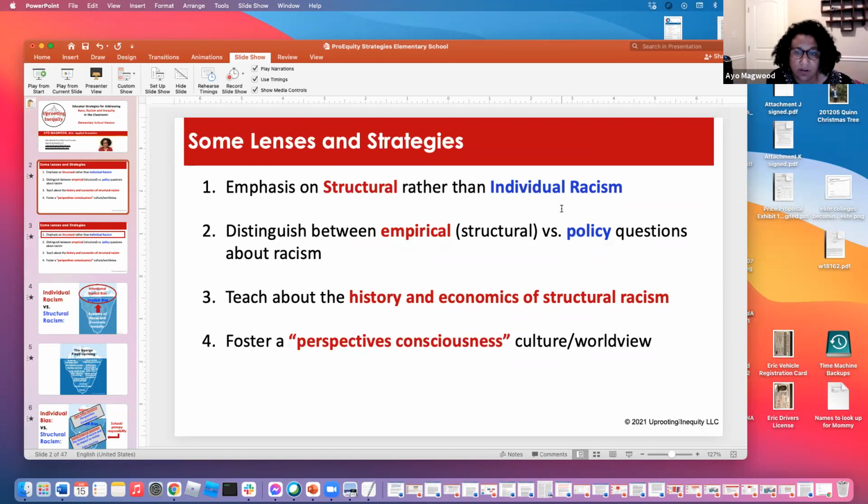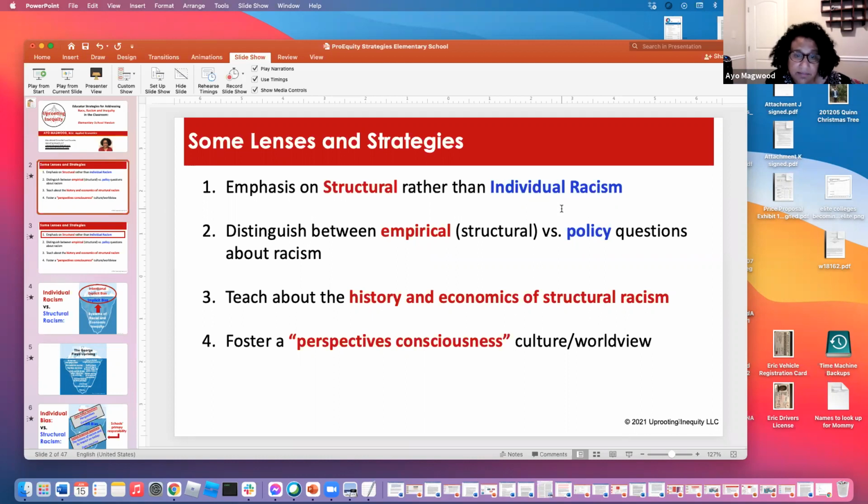They're all overlapping and reinforcing, right? So the perspectives, that blind man and the elephant, also helps achieve the policy part. Remember the distinguishing between empirical versus policy questions. So the perspectives consciousness helps with the understanding of the policy questions.